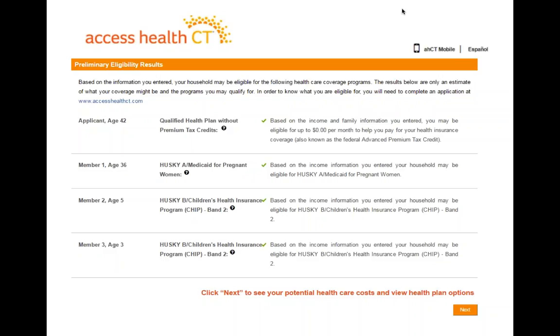As I predicted, all of the other members are now AHCT covered, so they will fall out of the estimates anymore because their coverage costs 0 basically. So only the applicant age 42 will now be carried forward on the next page.